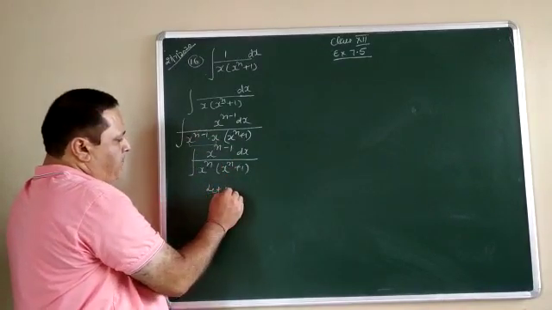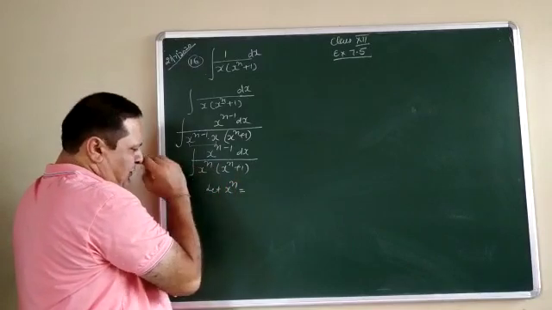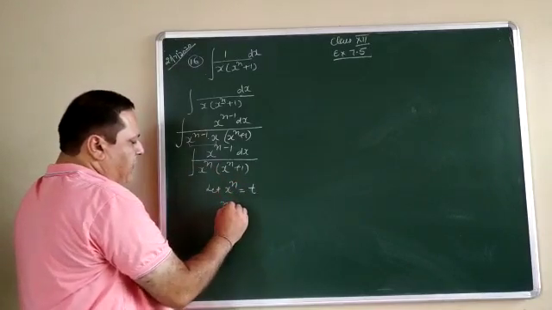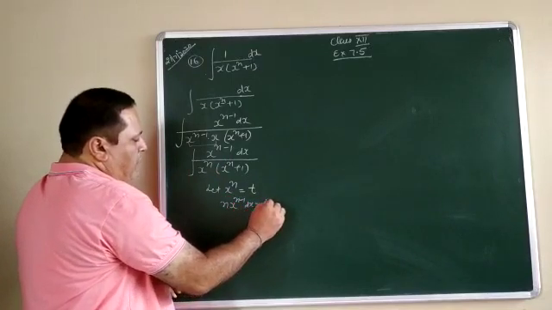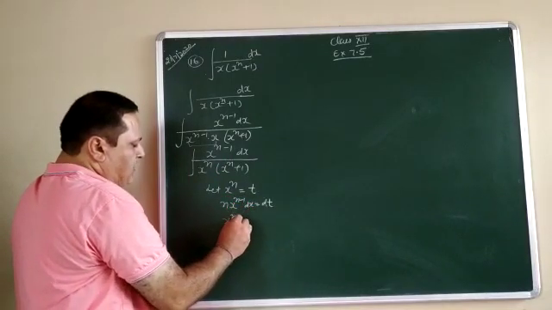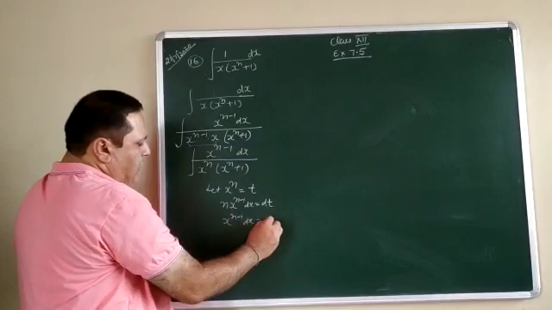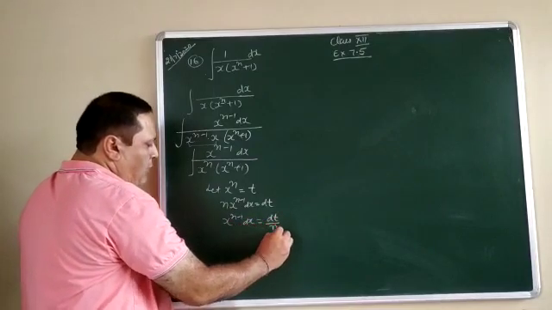Now let x to power n equal t. Derivative: n x to power n minus 1 dx equals dt, so x to power n minus 1 dx equals dt upon n.